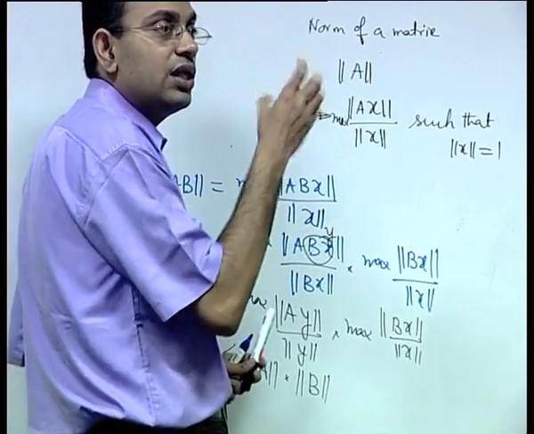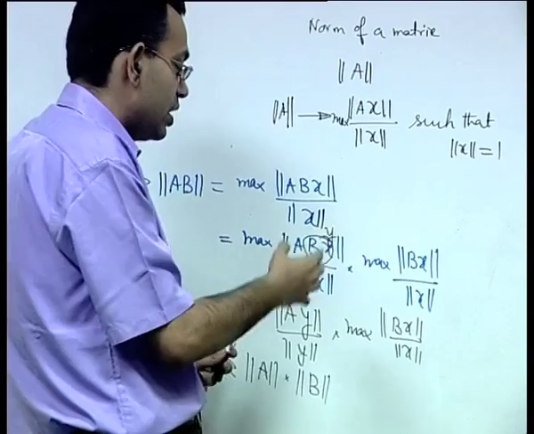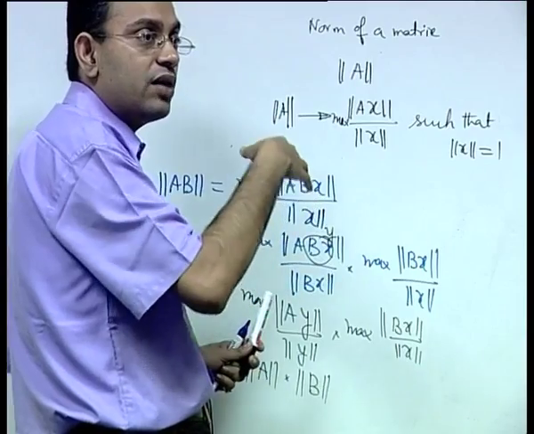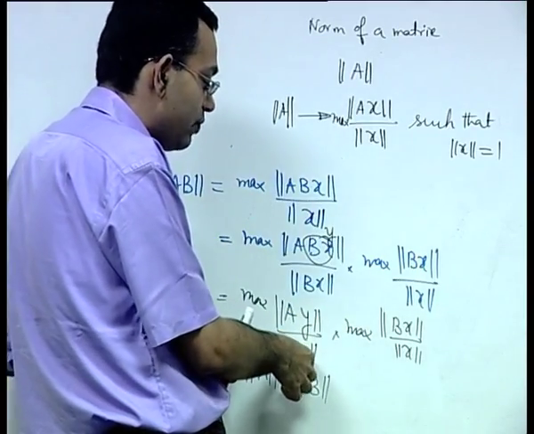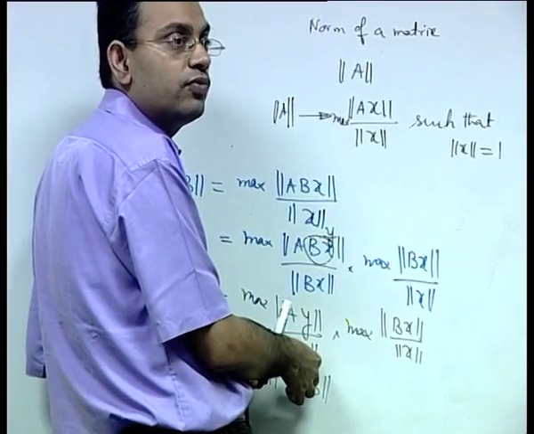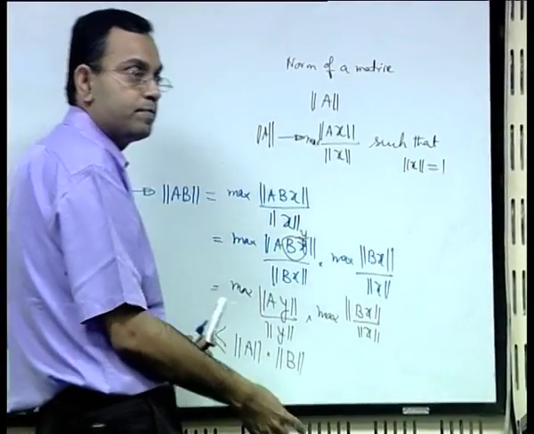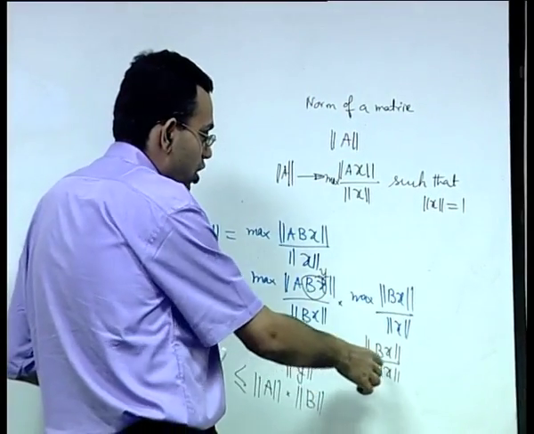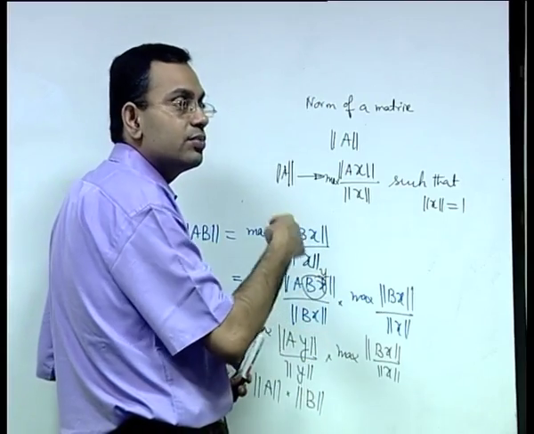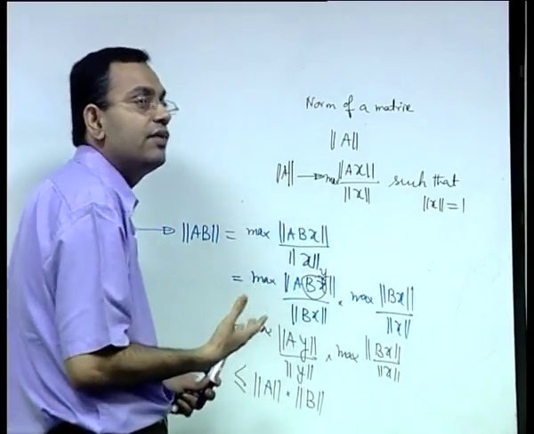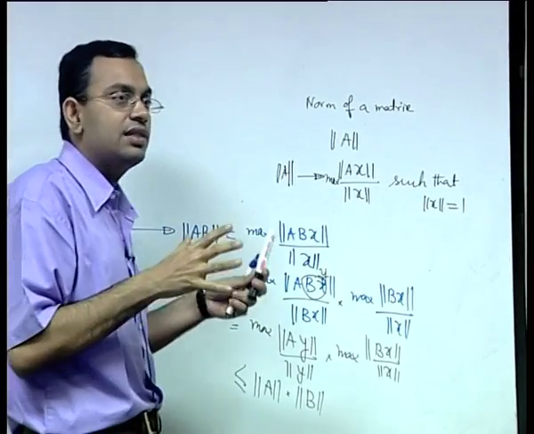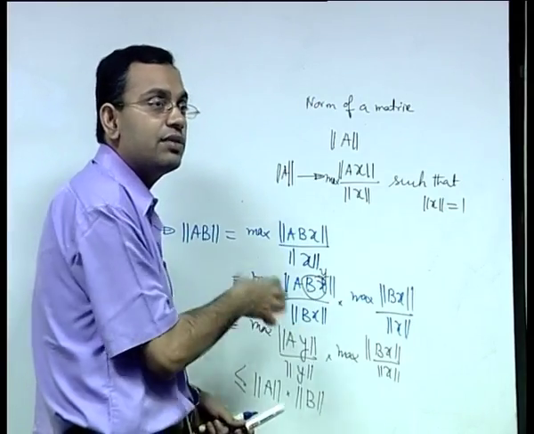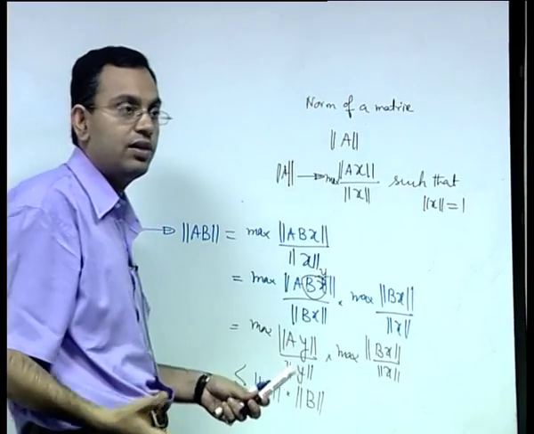So, out of all the possible maximum values, it cannot supersede the maximum possible values. It could have several of the maximum possible values with different choices of norm of y or norm of x. So, you can always normalize norm of x or norm of y in a certain way as per your convenience, but whatever is the manner in which you normalize, you always have the value less than the maximum, because maximum is the maximum, you cannot exceed that one.